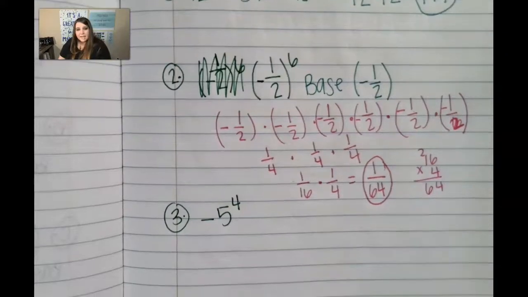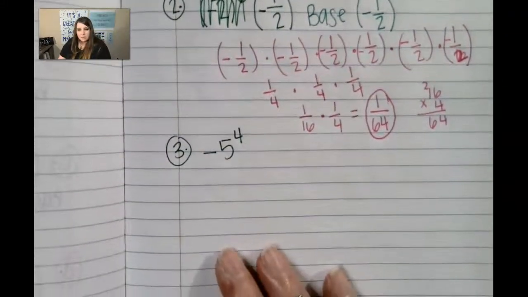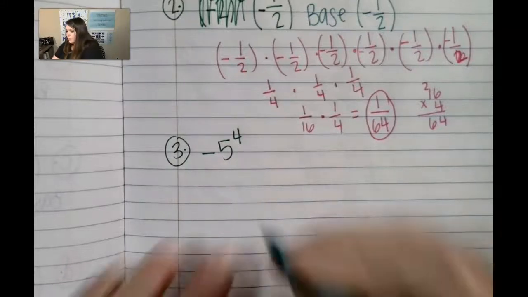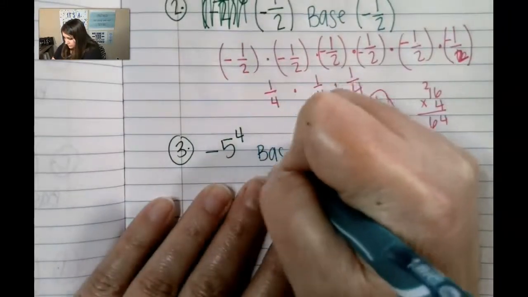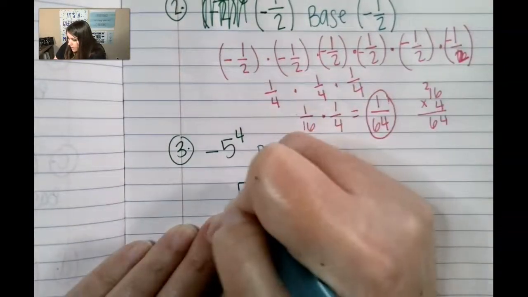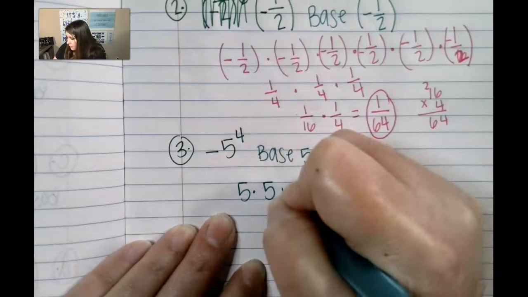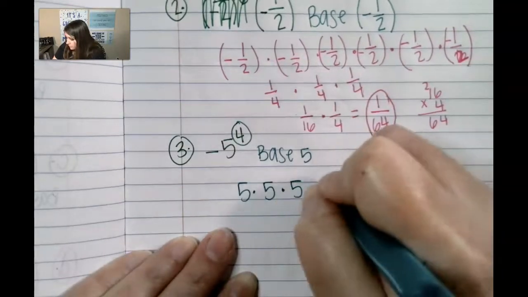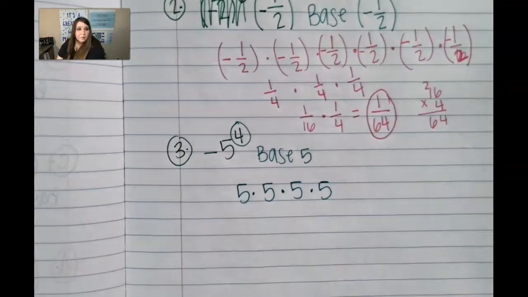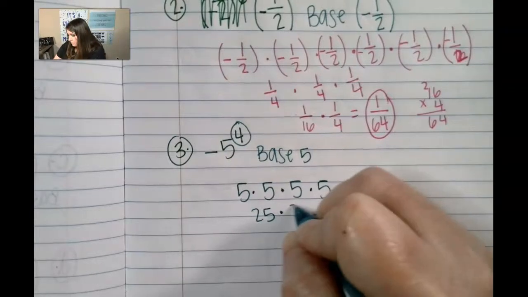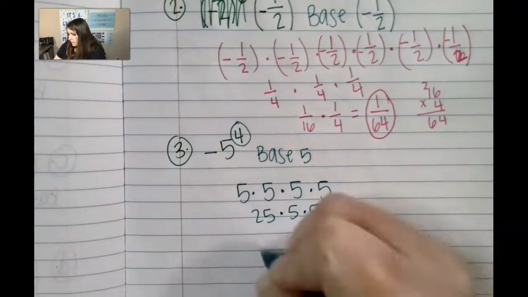Okay, and then the last one that we're going to look at today is right here. In this problem, the base is 5, so it's written 5 times. So 5 times 5, 4 times because it's to the exponent of 4. All right, so we have 5 times 5 is 25 times 5 times 5.